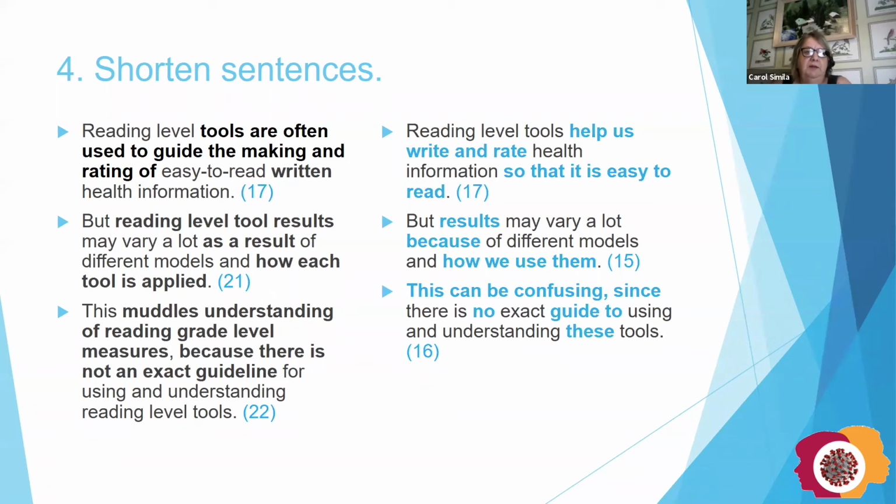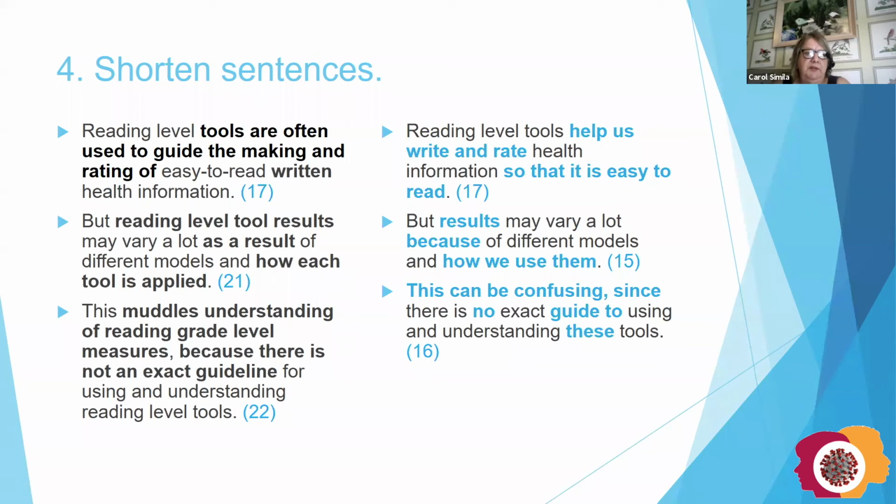May vary a lot because of, instead of as a result of. Now, as a result of is not bad, but you can cut down the number of words just by using because. Results may vary a lot because of different models and how we use them instead of how each tool is applied.